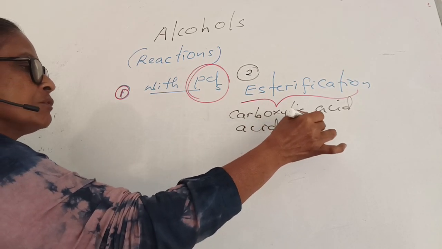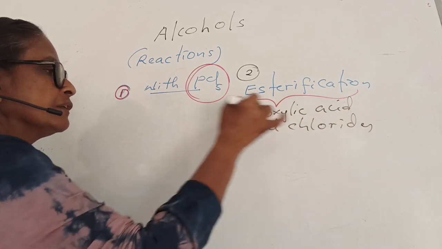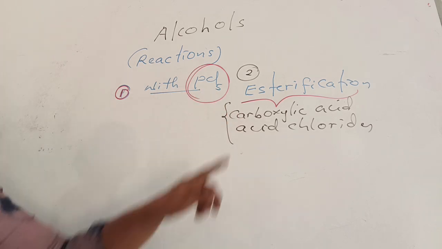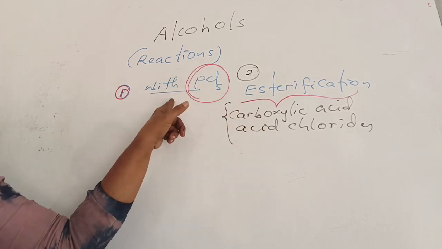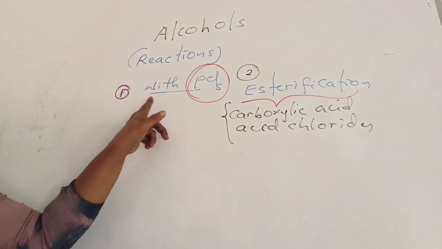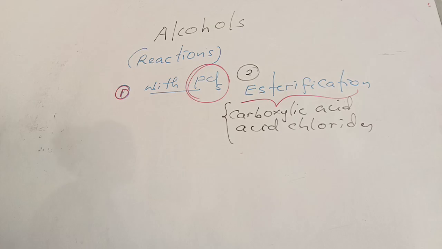Acid chlorides can react with alcohols to produce the ester. The product is the ester. Both these reactions occur easily whether the alcohol is primary, secondary, or tertiary.